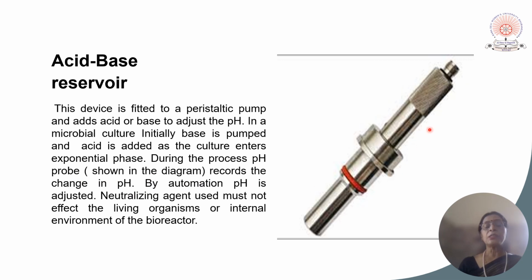This is the diagram of a pH probe that records the change in pH, and automatically pH is adjusted. Neutralizing agents are used, but care should be taken that they should not affect the living organism or the internal environment of the bioreactor.